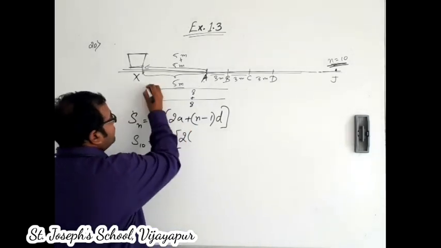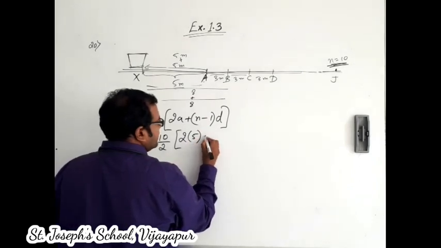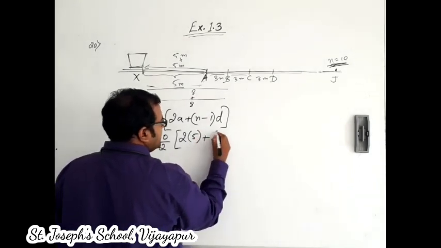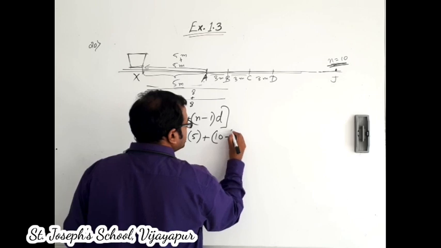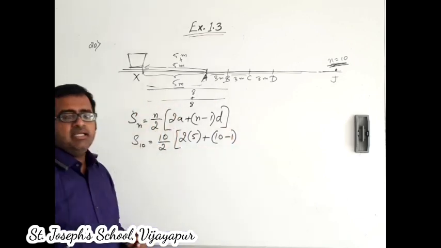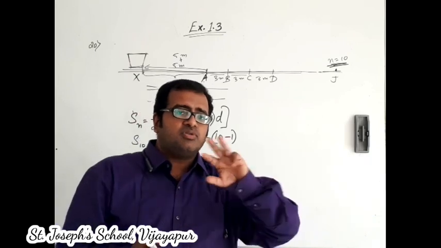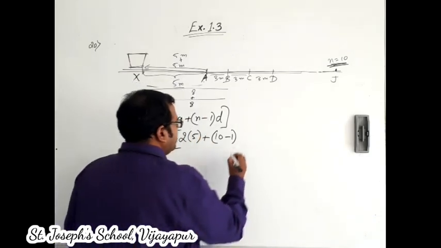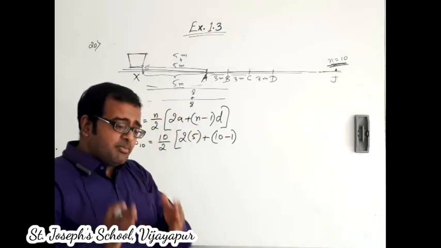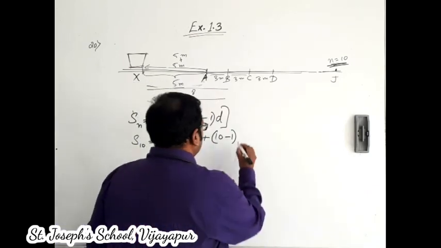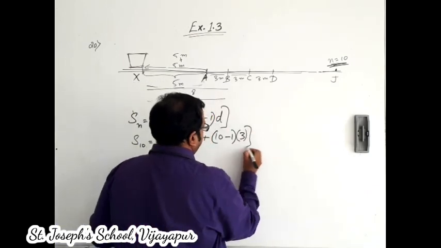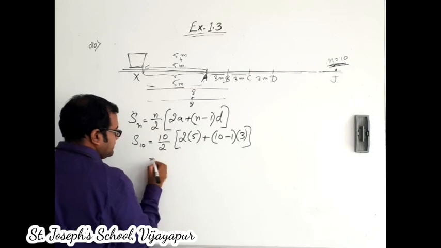A, the first distance, is 5, so 2 into 5, plus n minus 1, which is 10 minus 1, into d. D is 3, since they told us the distances consecutively increase by 3 meters every time. We don't have to calculate it because the common difference is given as 3.